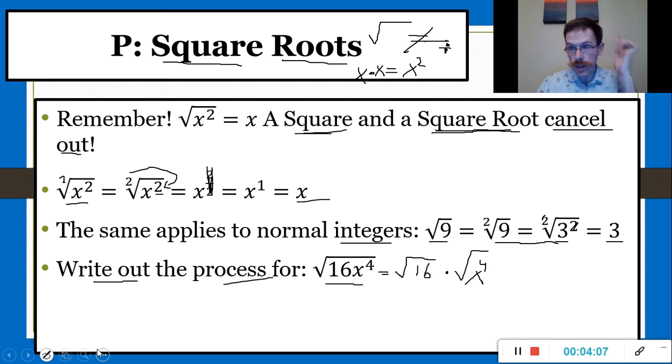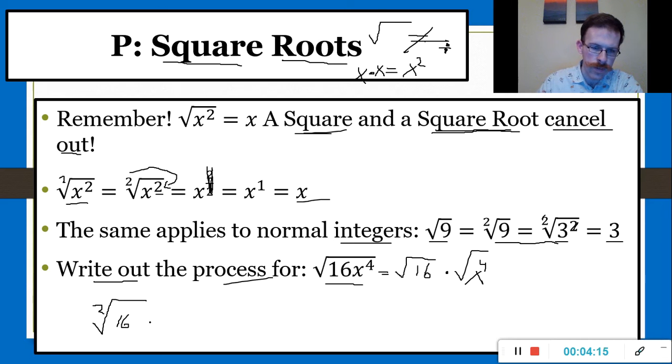Now, if I know that a square root has a 2 in there, then this is the square root of 16 times the square root of x to the 4th. We should all know, hopefully, that the square root of 16 is 4.